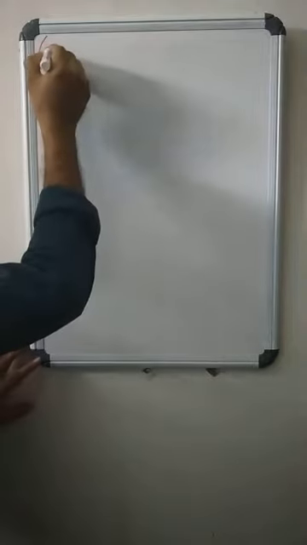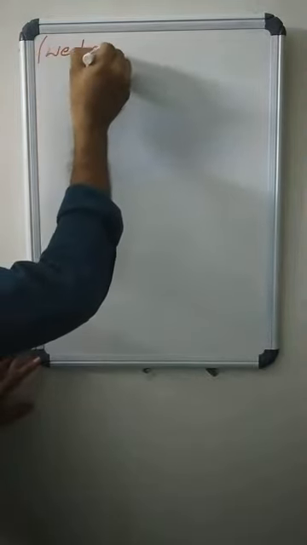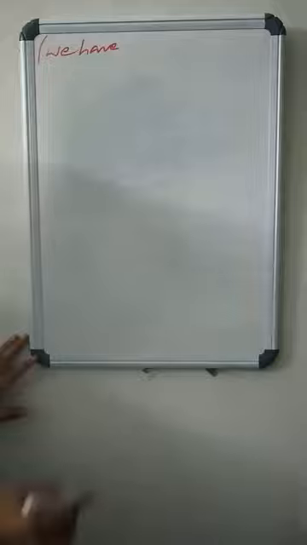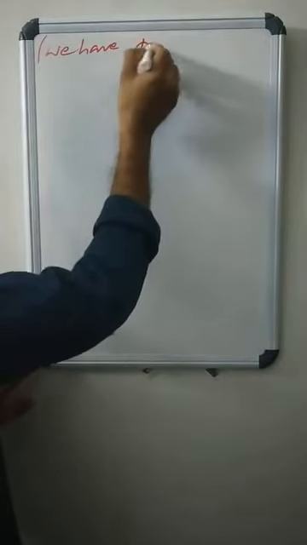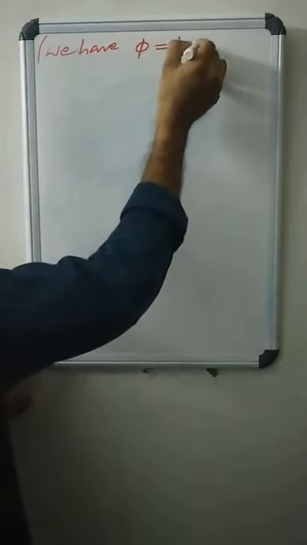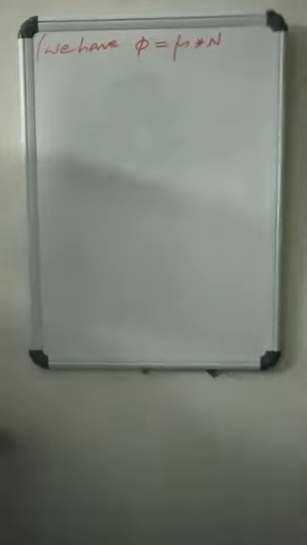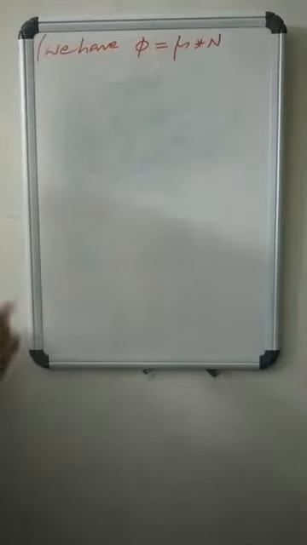Dear friends, in this class, first let us discuss the inverse of the Euler function. The Euler function is phi equals mu star N. What is mu star N?